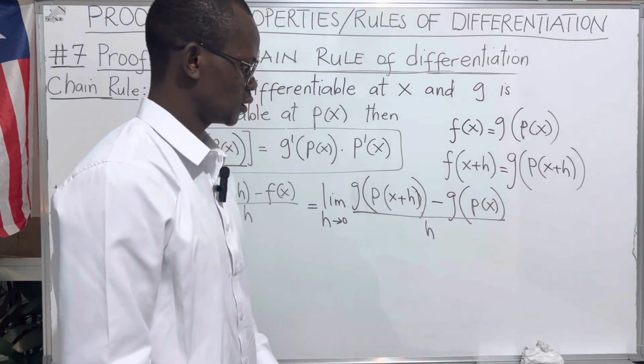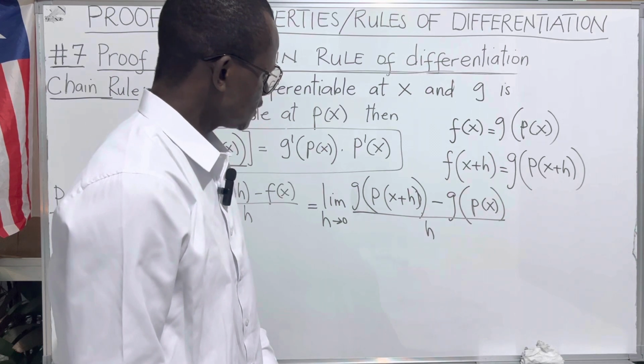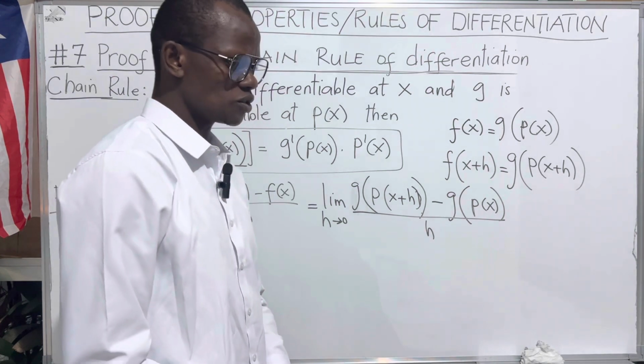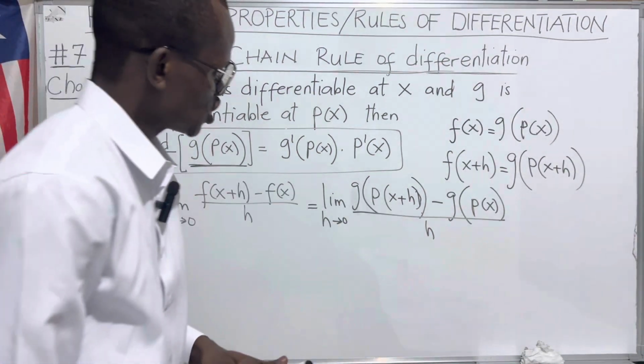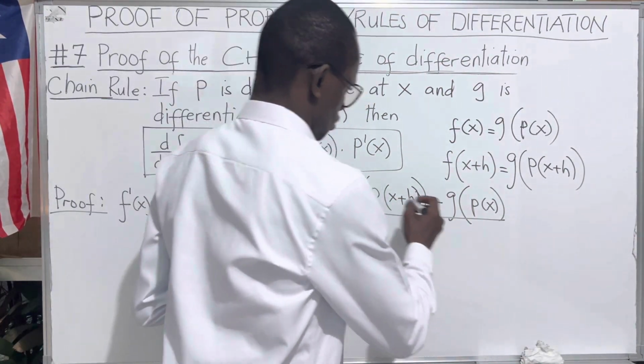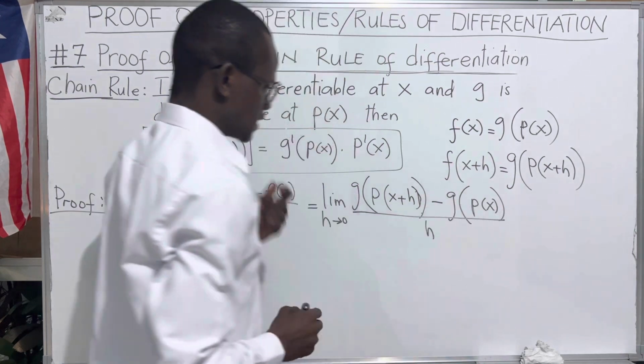so that we can have an expression that will give us some derivative. So what we can say is we go for the innermost portion, right? Just look there. We can take the innermost portion. So the innermost portion is p of x plus h, and then p of x.